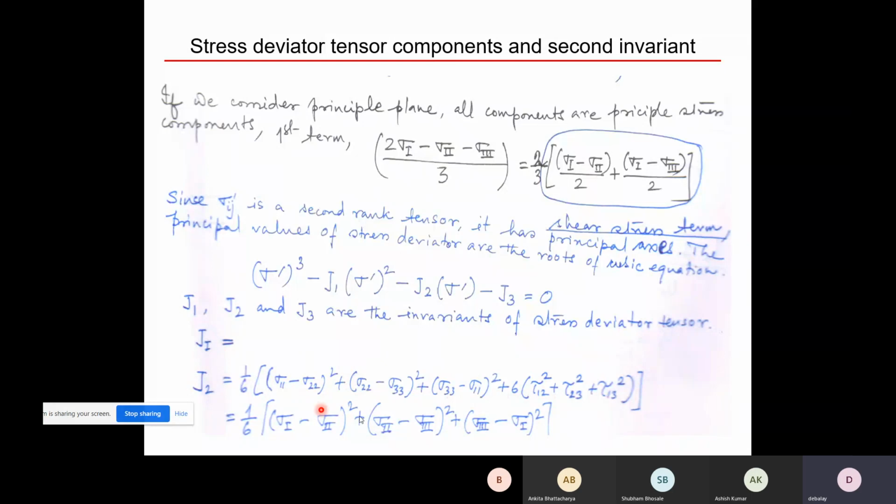Simply, the stress tensor components you can also write that second invariant. Sigma dash here is the principal stress of the stress deviator. If you write it in terms of principal stresses, we have derived before 1/6 [(sigma 1 minus sigma 2) square plus (sigma 2 minus sigma 3) square plus (sigma 3 minus sigma 1) square]. Remember this term, we are going to use it.